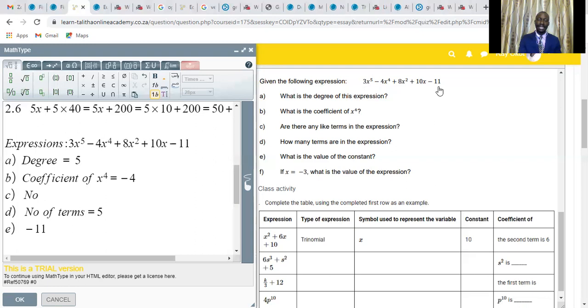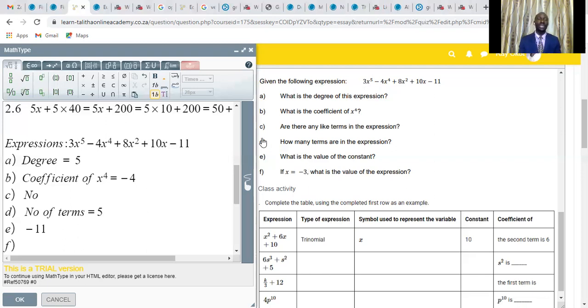Now, lastly, we are supposed to find the value of the expression if x is given. How do you get the value of the expression? Since x has been given, everywhere we find x, we substitute the given value, which is negative 3.